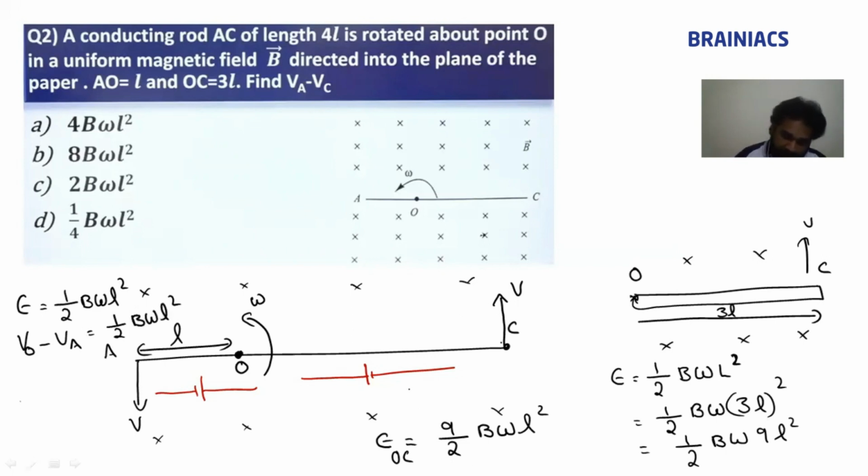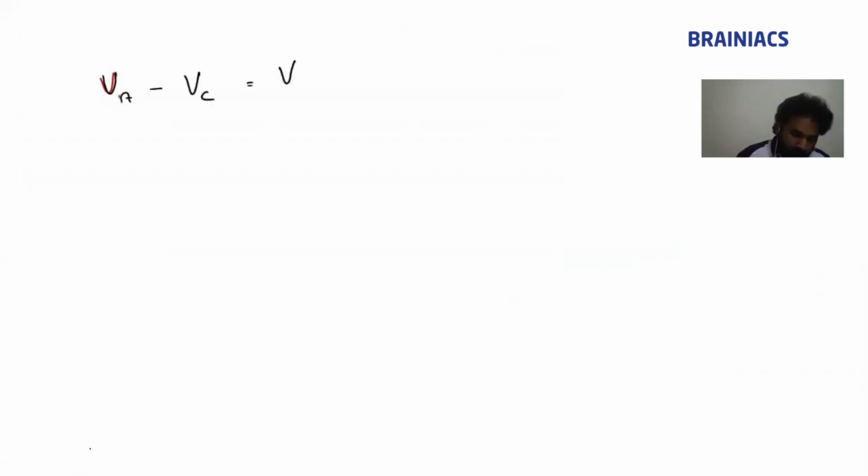And here this is VO minus VC, which is 9 by 2 B omega L square. To solve this, we can take both of them together.